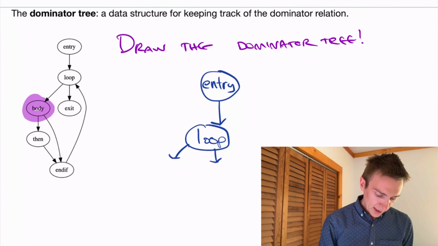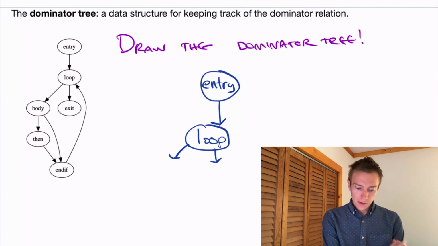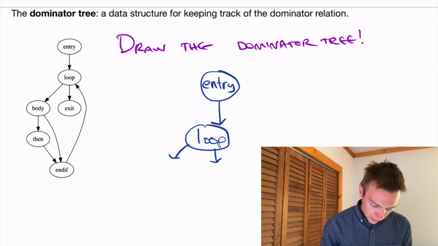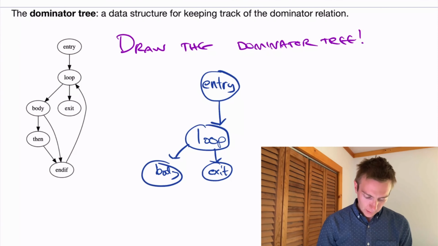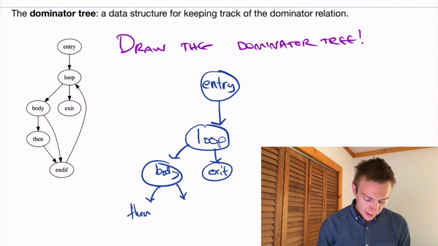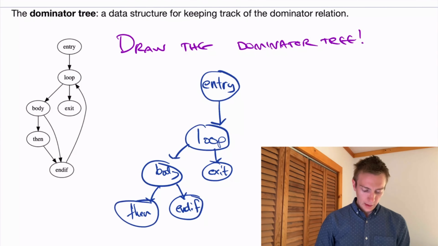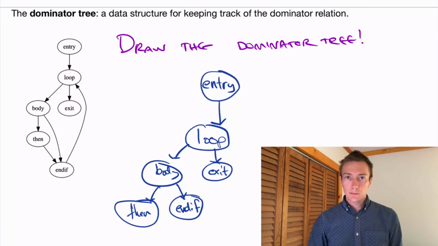It certainly dominates body, but it also dominates exit, and no other node goes in between. So the two children for loop are both body and exit. Body dominates both then and endif, neither of which dominates the other one. And those are leaves in the tree. So is exit, and this dominator tree is complete.